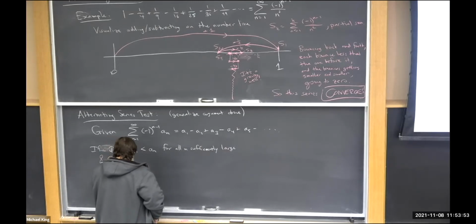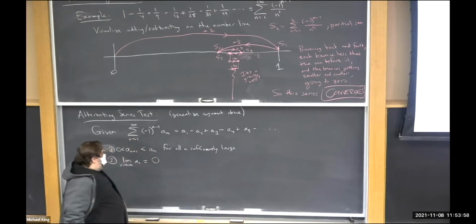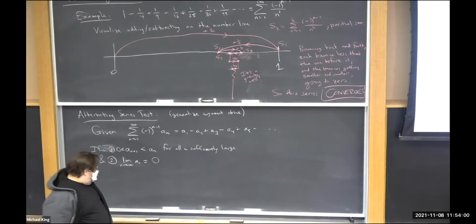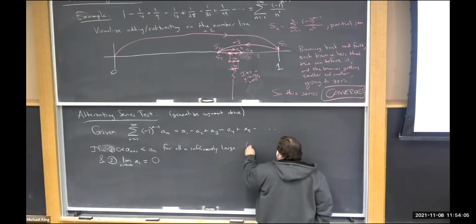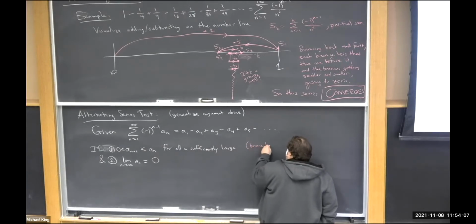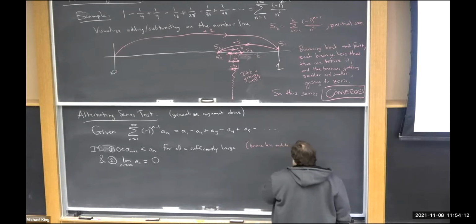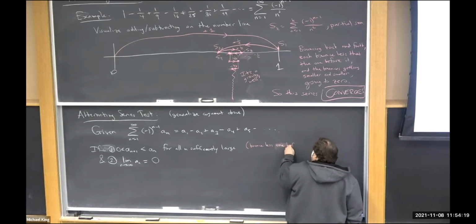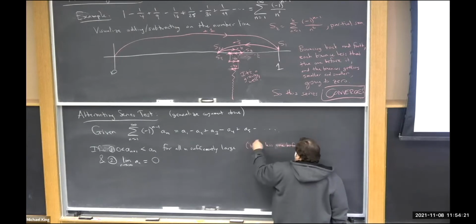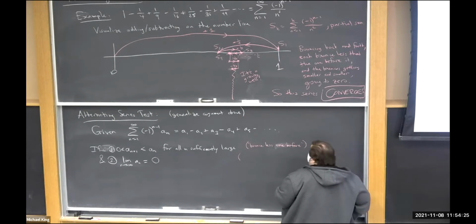What you're adding, the individual terms are going to 0. So this is the bounce less each time, and this is the bounces getting smaller and smaller, going to 0.